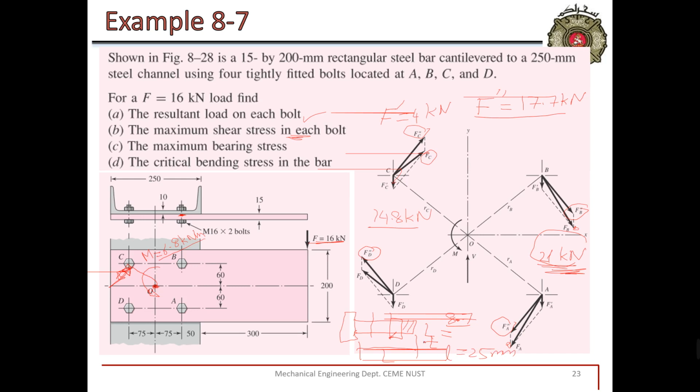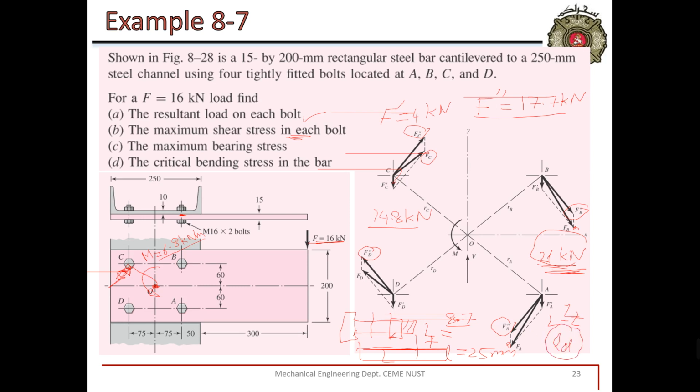From this we can calculate the length of the unthreaded portion, which is the length of the bolt minus the length of the threaded portion.